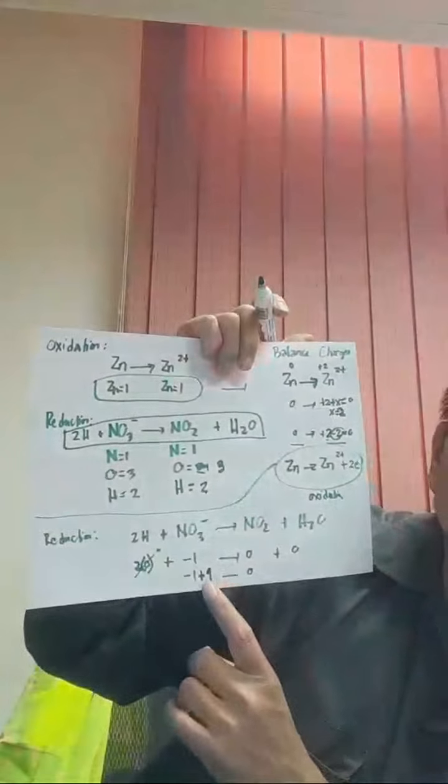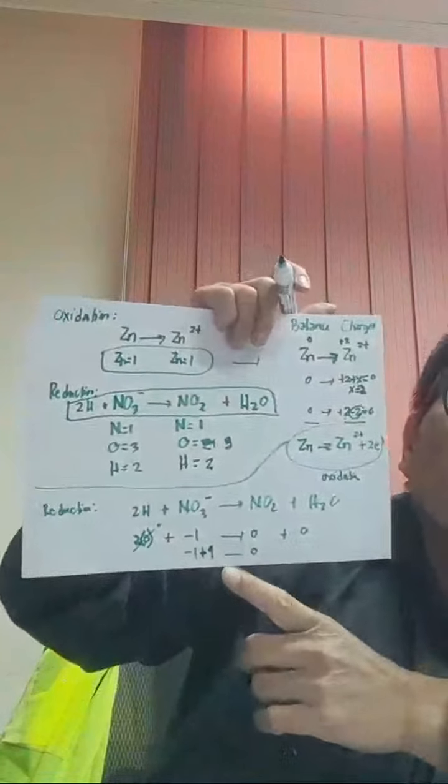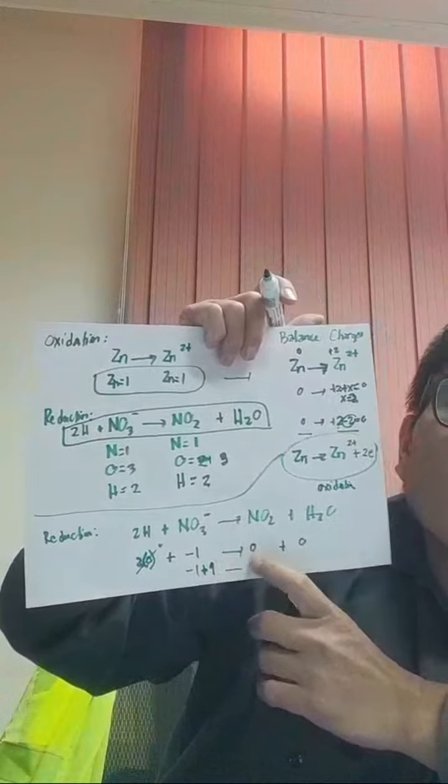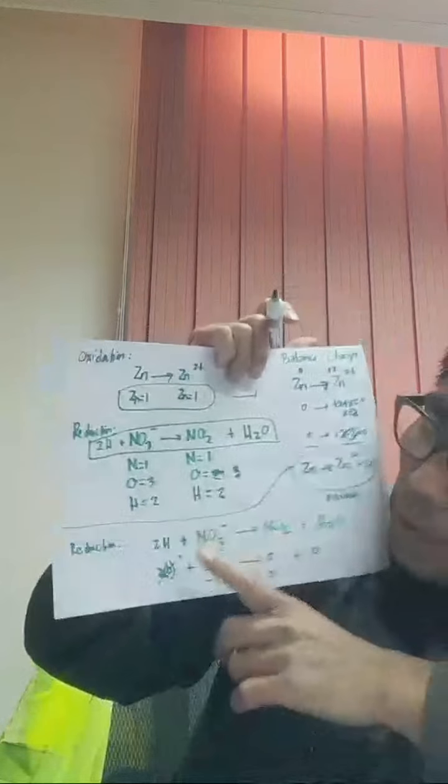Charges 0, negative 1. So negative 1 plus 1 is equal to 0. So plus 1 electron here. The resulting equation will be like this. So reduction.